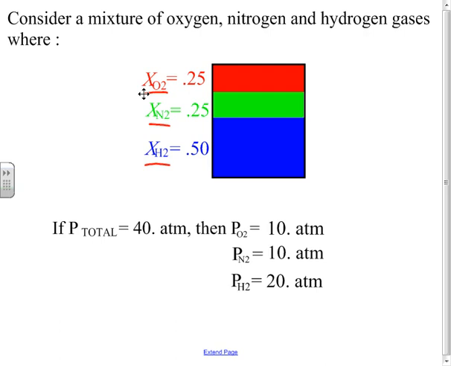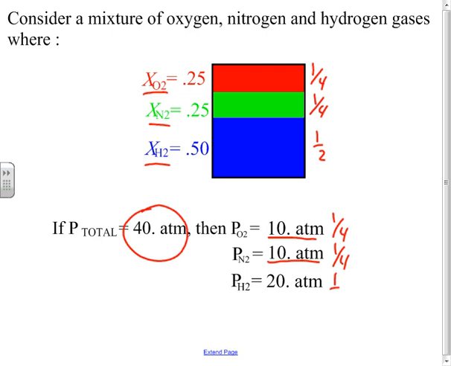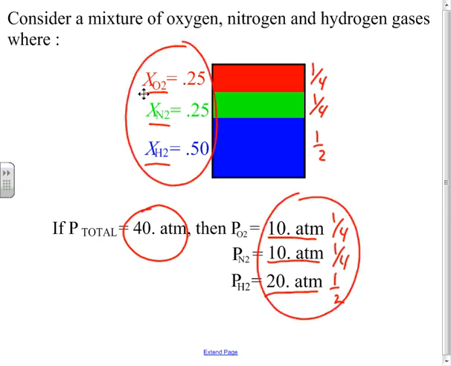If the mole fraction of oxygen is 0.25, or 1/4 of the mixture is oxygen, and 1/4 of the mixture is nitrogen, and 1/2 of the mixture is hydrogen, and the total pressure is 40, then 1/4 of that 40 is going to be the oxygen, 1/4 of the pressure is going to be the nitrogen, and 1/2 of the pressure is going to be the hydrogen. So partial pressure is directly proportional to the amount of each gas in the mixture of gases.